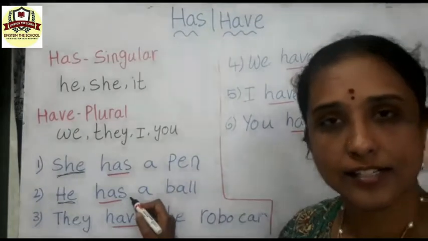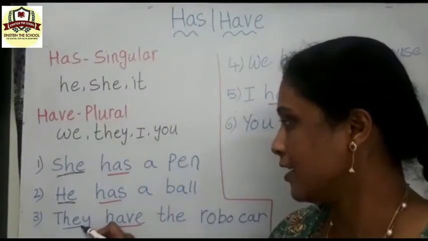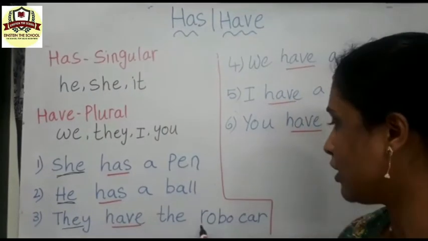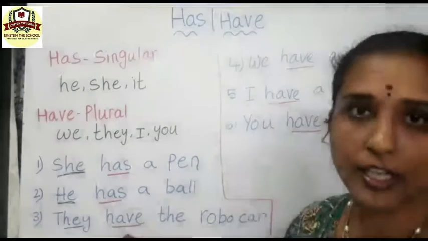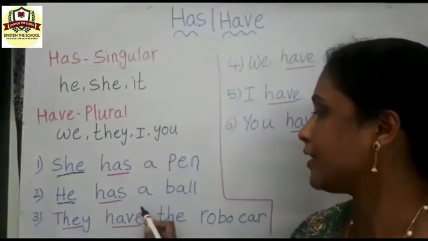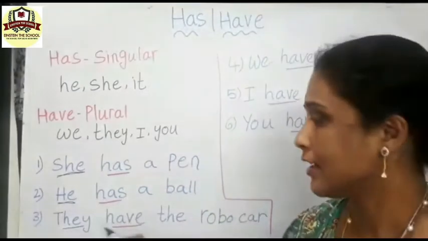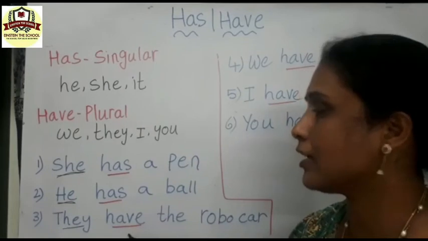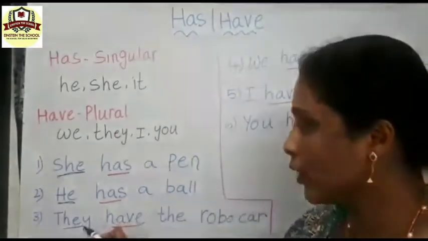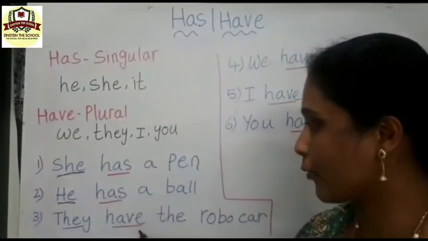Has in a sentence. If we see they, see here. They have the robo car. They, it's a plural, many. So at that time what we should use? Have. If you see in a sentence they, what we should use children? Have. They is a plural, so we should use have.